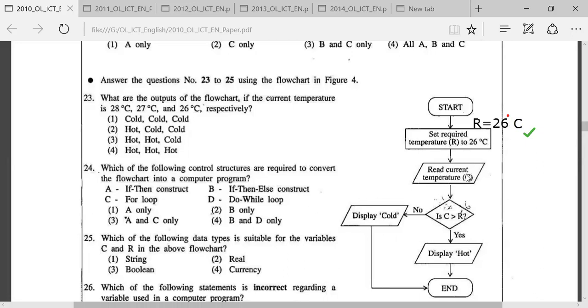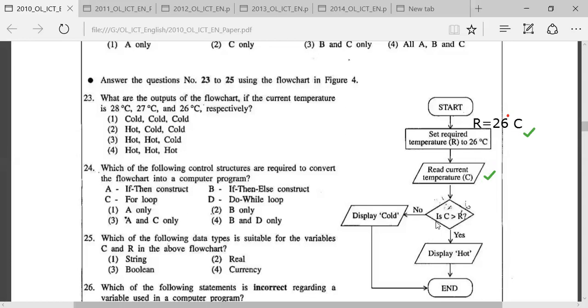Read current temperature. So you are going to read the current temperature. It might be a room temperature. Then is C greater than R? So C is the current temperature. R is your required temperature. You are comparing it. Is C greater than R?